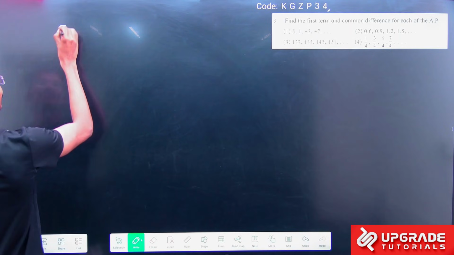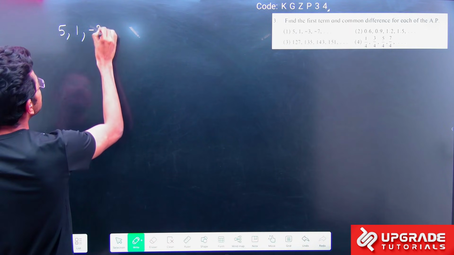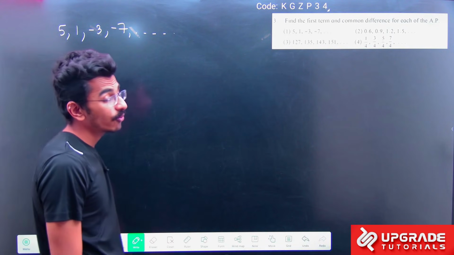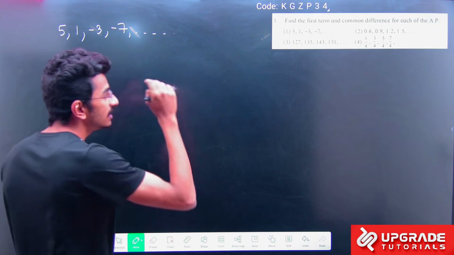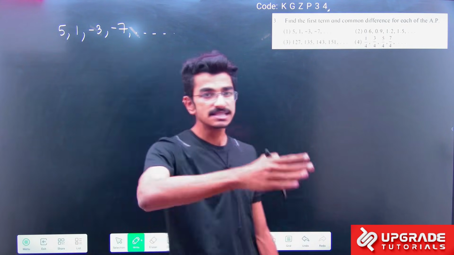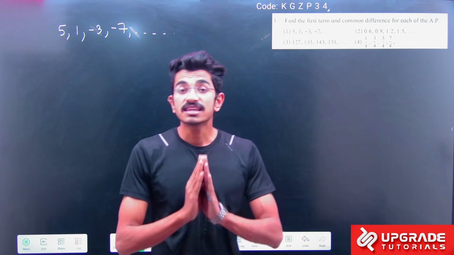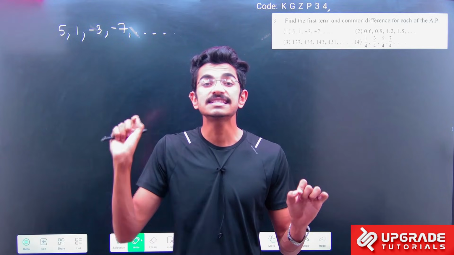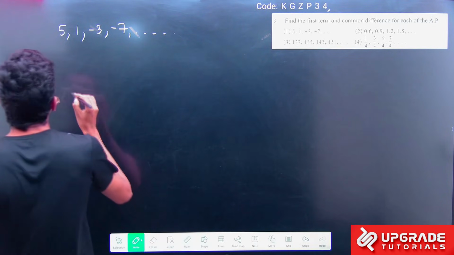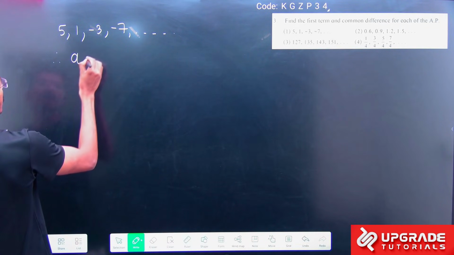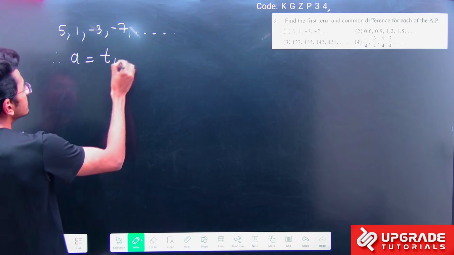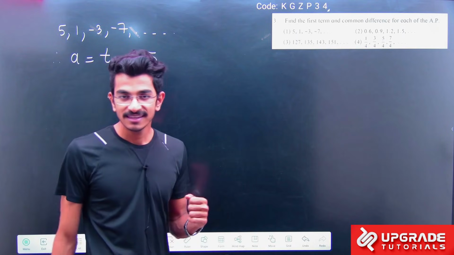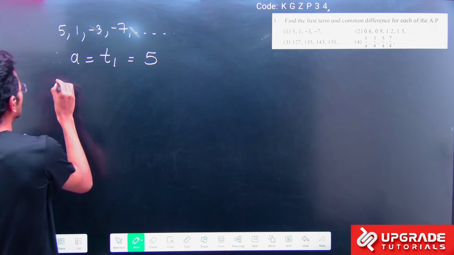Okay. 5, 1, minus 3, minus 7. Very easy. What is the value of A? Here it is already given that the given series is in AP. It is given it is in AP, which means the difference between the numbers is the same. So the value of A is always T1 and here it is 5. Yes. So what is D?